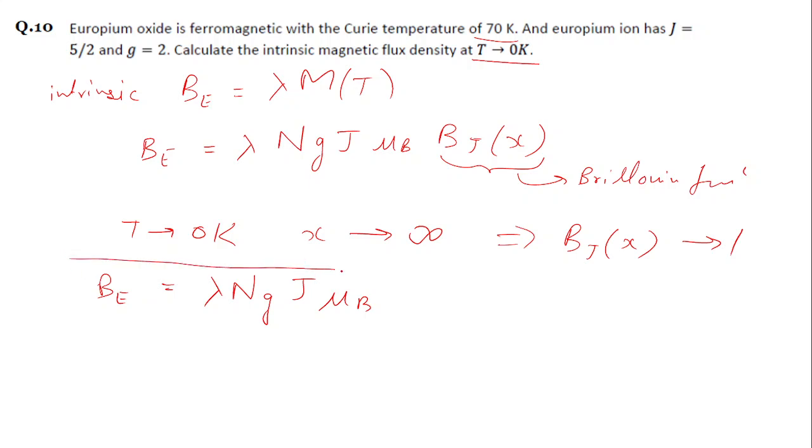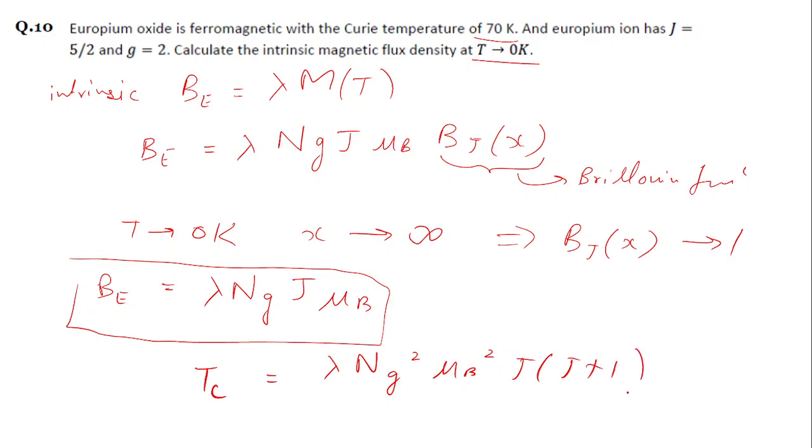We don't know lambda for this material, but after deriving further in this theory, we have that Tc, the Curie temperature, is equal to lambda n g squared mu B squared j plus 1 divided by 3 kB.